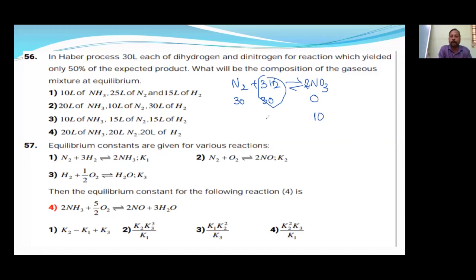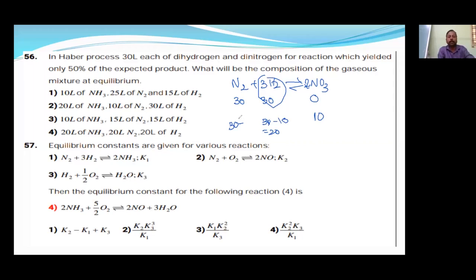So 30 minus 10 will be 20. And here, out of 30, only 10 will be utilized.